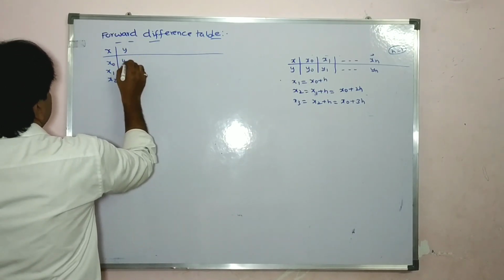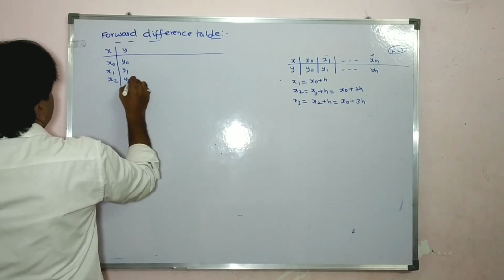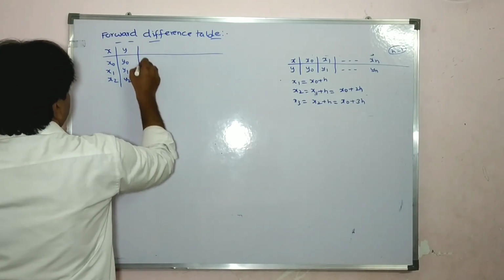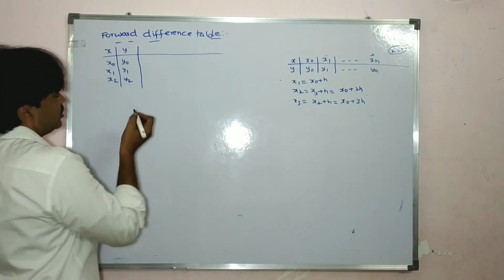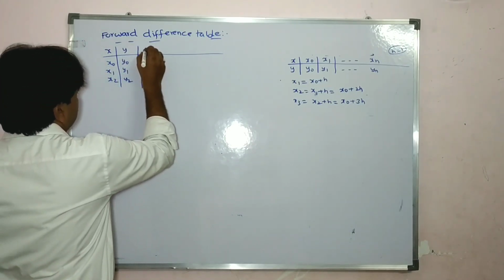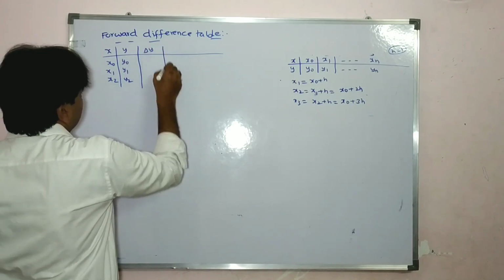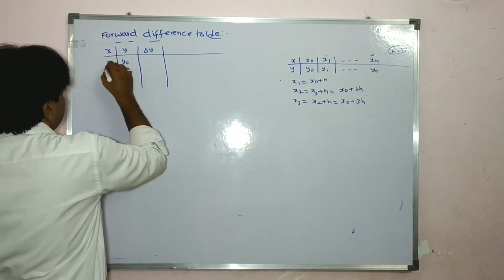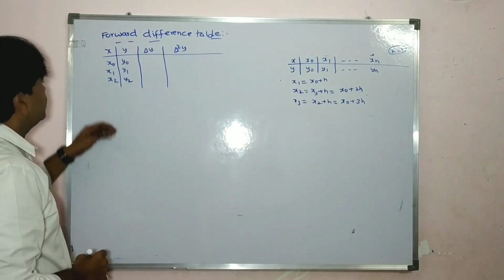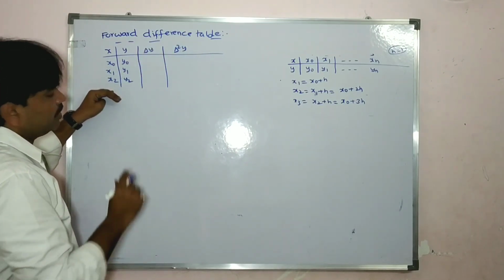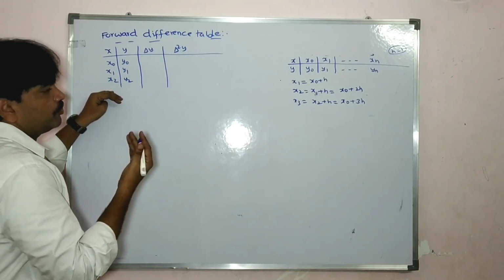And the y values are y0, y1 and y2. Now I want to find the forward difference table, students. So we have del y, and with 3 terms we get del square y. If there are 4 terms, we get del cube y; with 5 terms, del power 4 y.